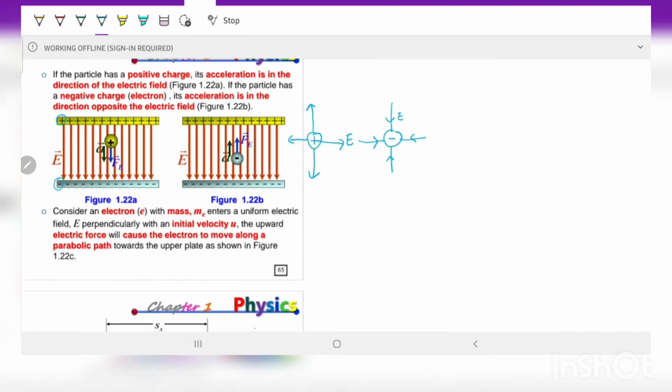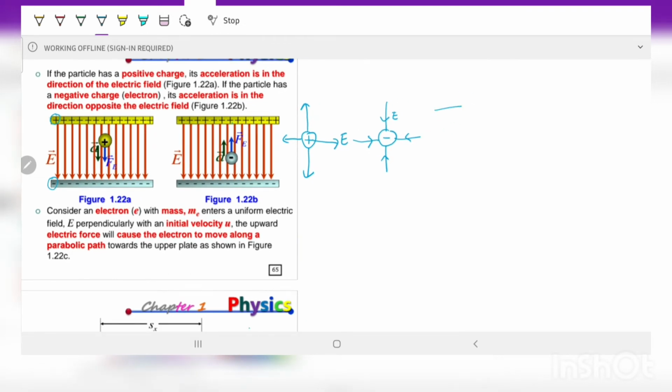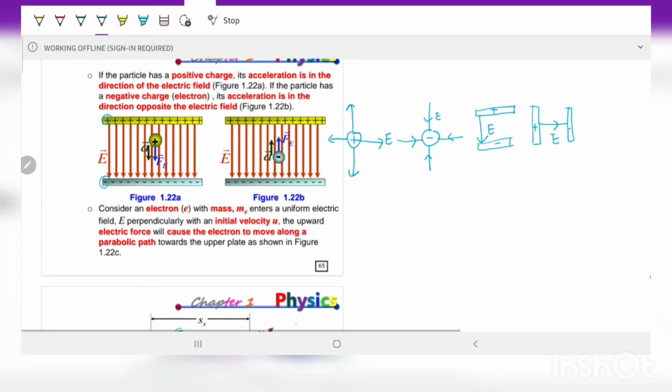Dan kalau ada parallel plates, contoh macam ni, sini positif, sini negatif, electric fieldnya ke bawah. Dan sama juga sekiranya secara menegak, sama juga konsepnya, electric fieldnya from positive to negative plate.